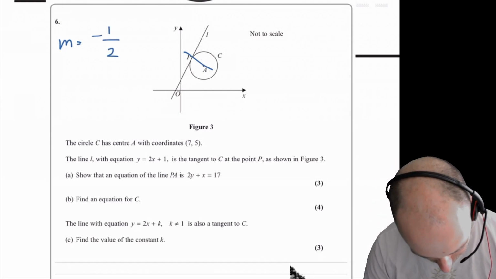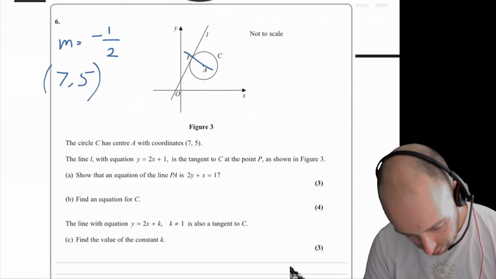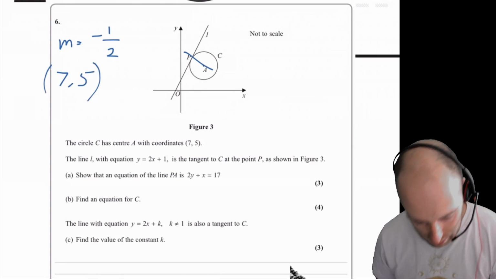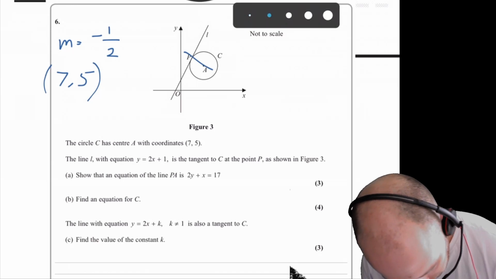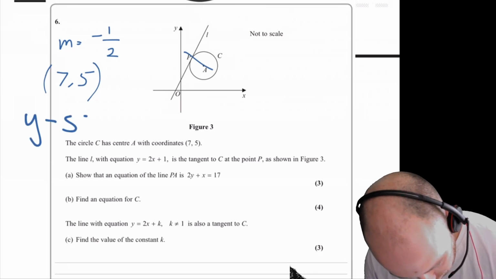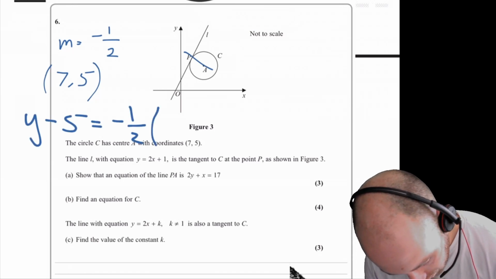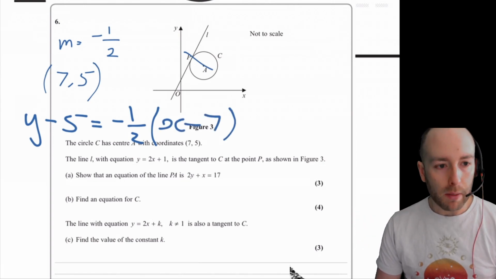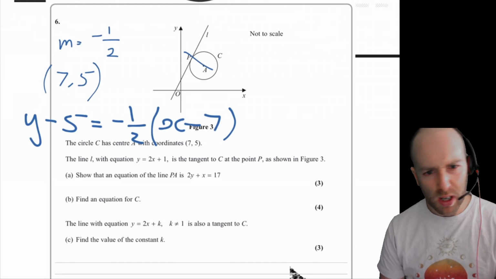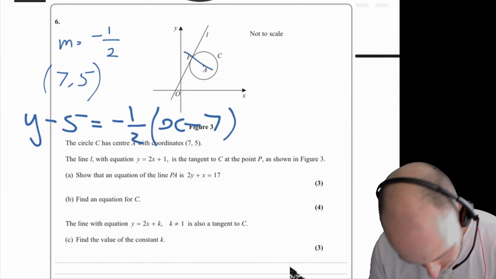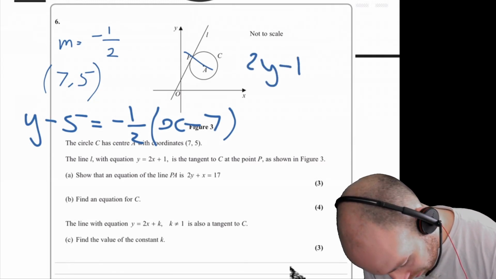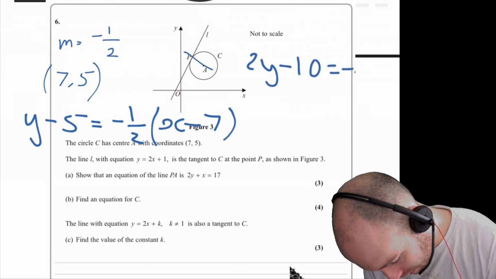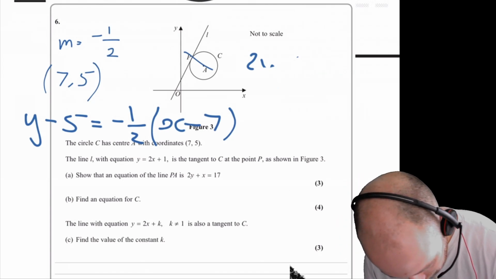And we know the point (7, 5) is on this line, so I can use both those to find the equation of this mystery line. So y take 5 is minus a half, x take 7. And then we just need to rearrange this. So we're trying to get 2y, so I'm going to times everything by 2 to get 2y minus 10 is minus x.